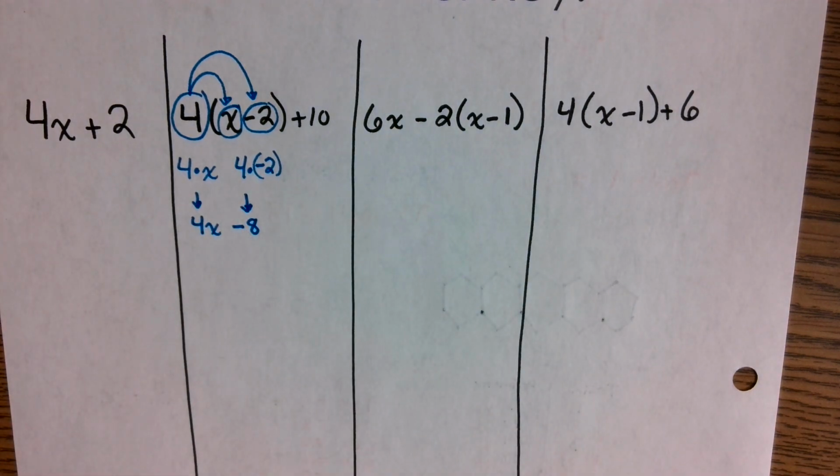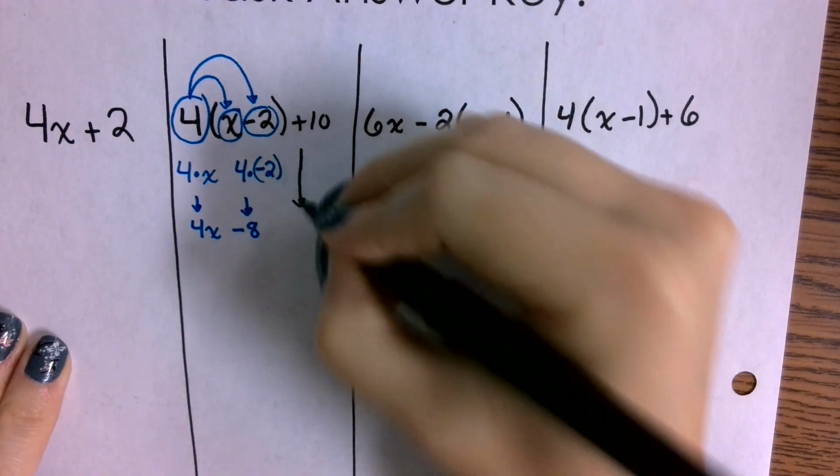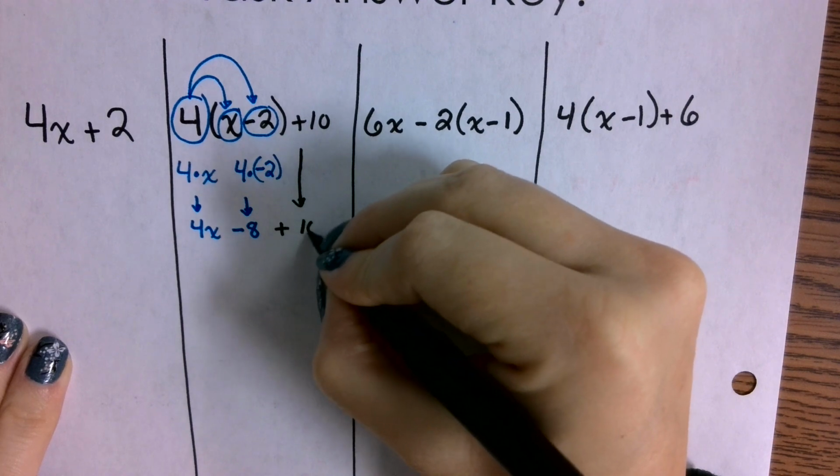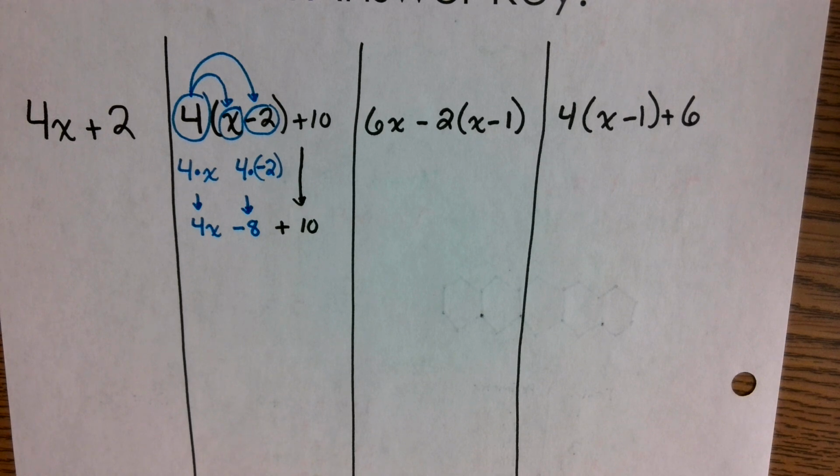But I still have what was outside of the parentheses. That plus 10 still comes down. From here, I then focus on doing what we call combining like terms. Combining like terms means I can combine variables that are identical to each other. I can combine plain numbers together.